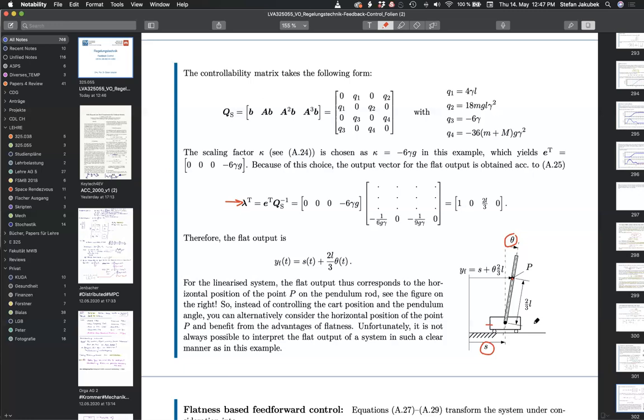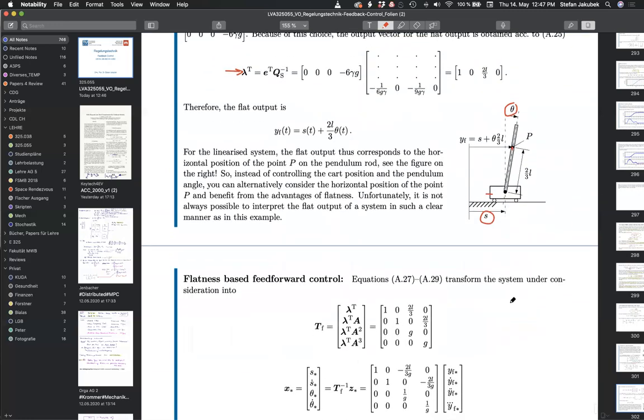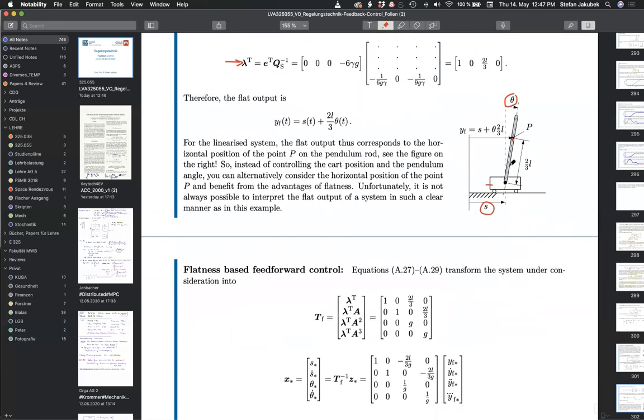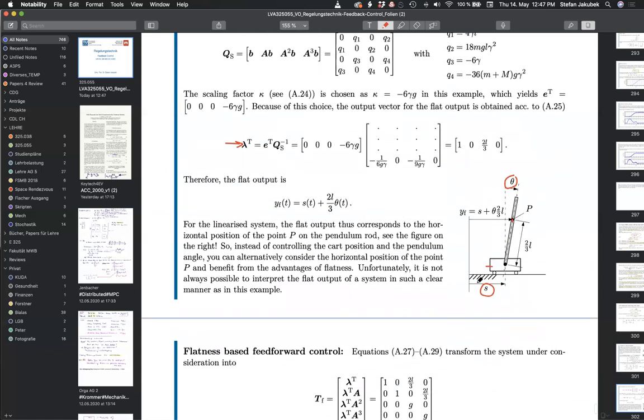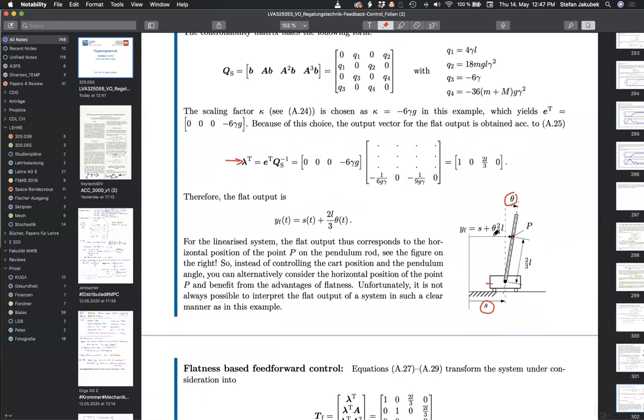Okay, and let me show you what happens with the control. Obviously what we see here is, if instead of the cart position, we control the position of this point here, then we get an output with full relative degree, and everything that we have learned in terms of feed-forward control, and also, of course, we need feedback control for the system, works. And I think it's a good compromise.